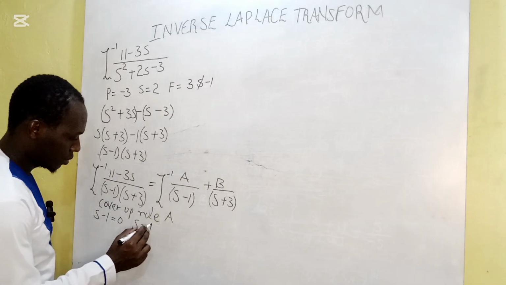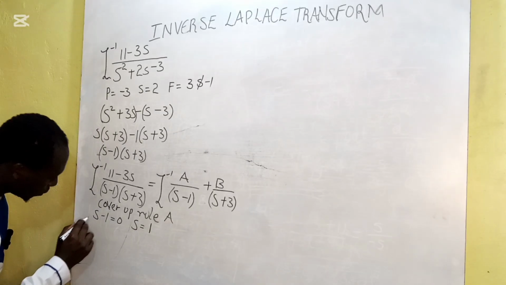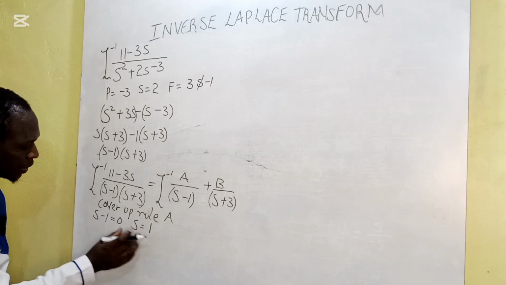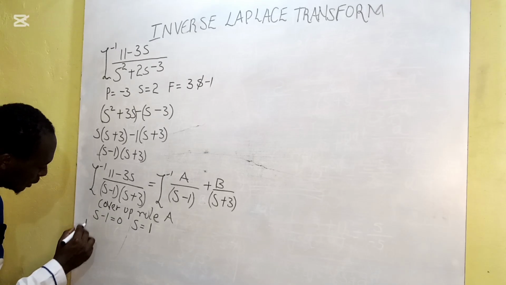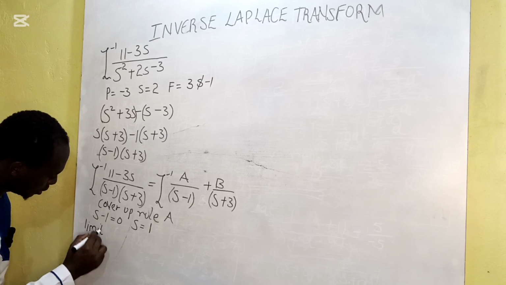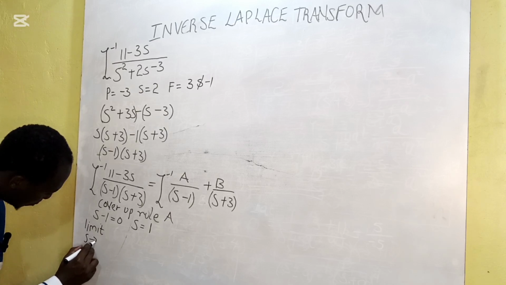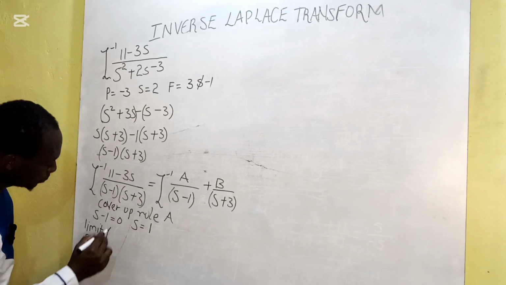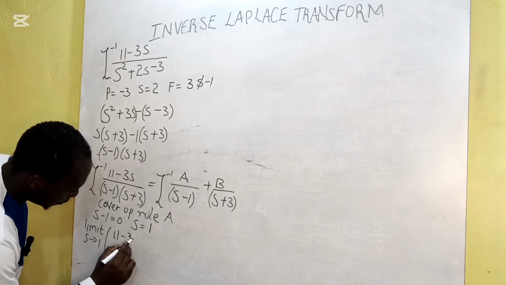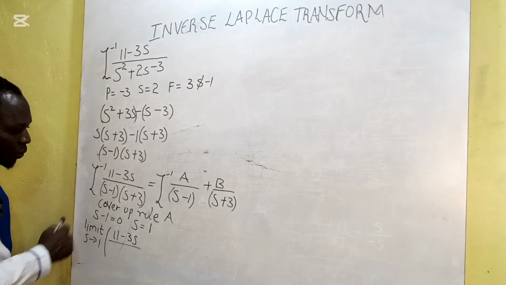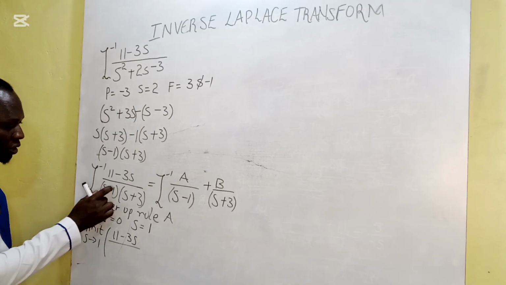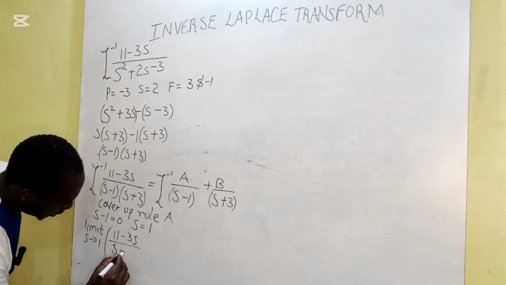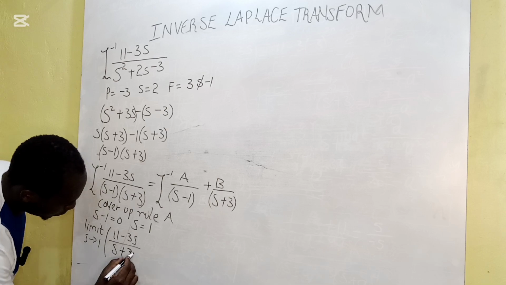So we can say the limit as s approaches positive 1 of 11 minus 3s all over, we are going to use the cover-up rule to mean that we cover up our first term here, and we are going to have s plus 3.